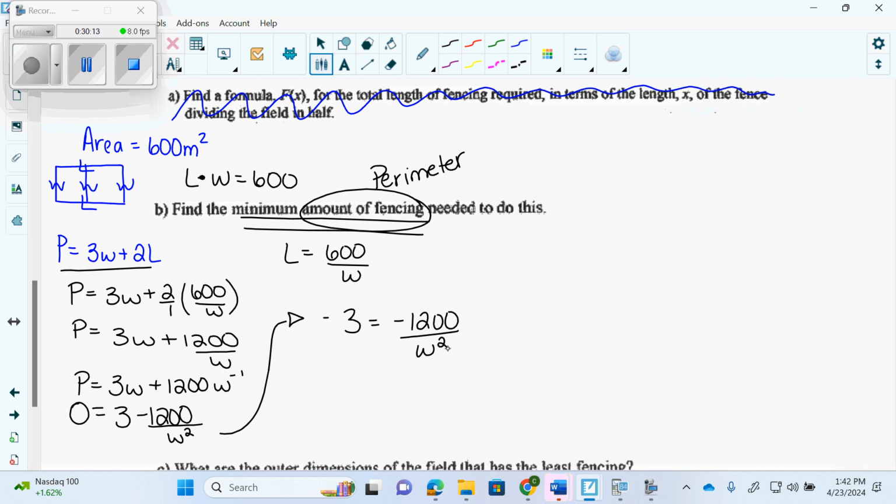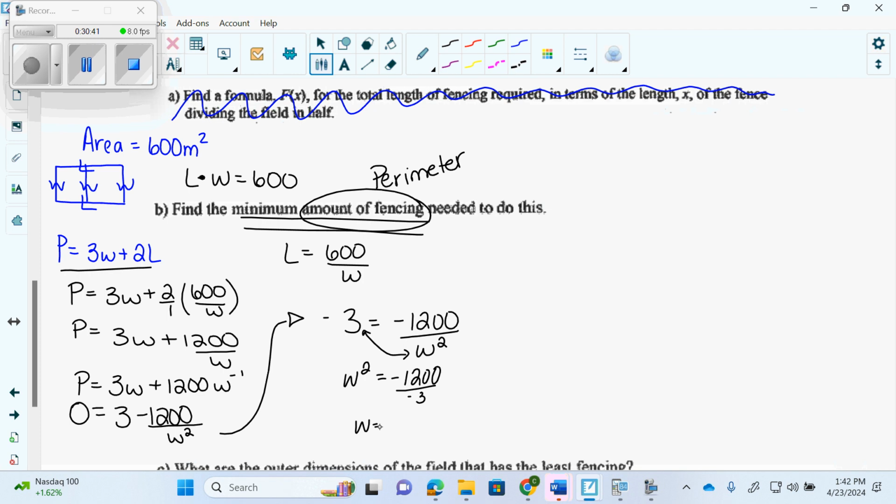Then what do we do? Bring the W squared up by multiplication and the negative 3 down by division. So I get W squared equals negative 1,200 divided by negative 3. And W equals what? What is 12 divided by 3? 4.